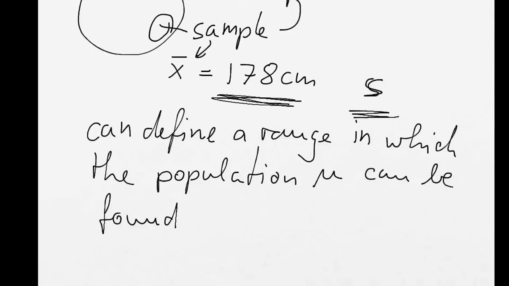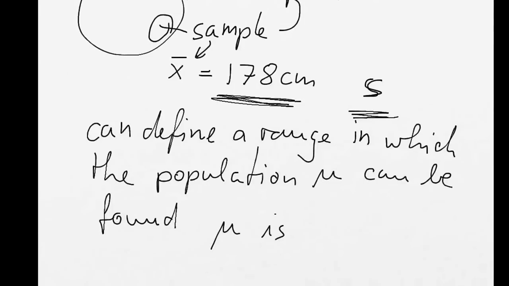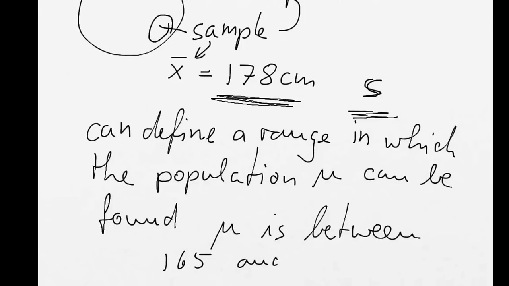So I assume with a certain degree of certainty that the population mean is between, say, 165 and 183 centimeters.